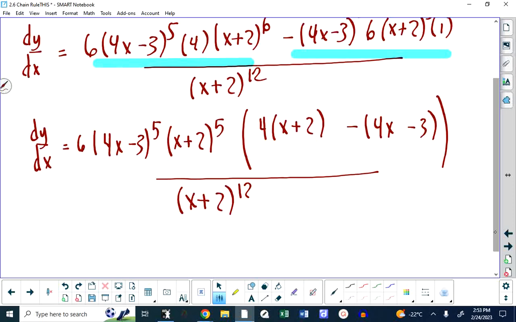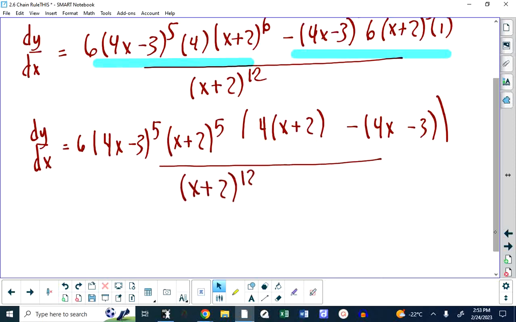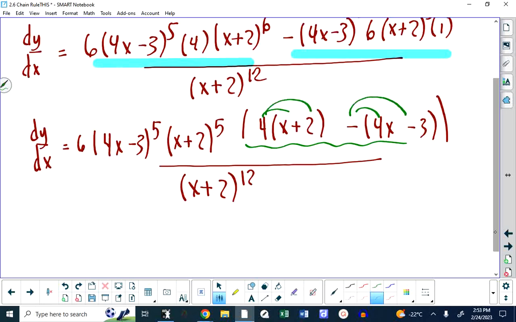So this thing in brackets, I'm not sure why I drew it so big. This thing in brackets on the top that I'm underlining in green, what do we get? 4x minus 4x is a wash. 8 minus negative 3 is 8 plus 3, which is 11. Let's multiply that 11 by the 6 to get 66.